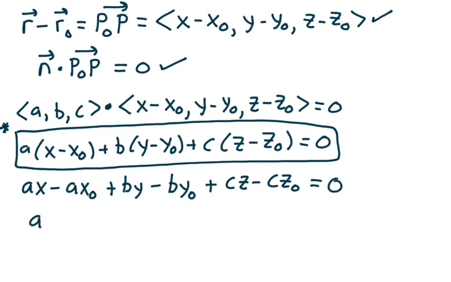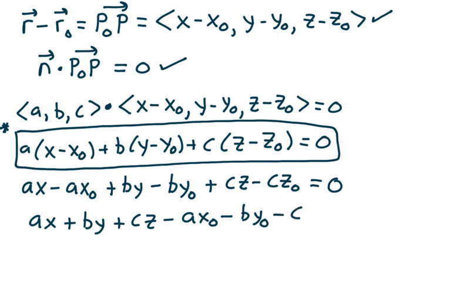Now, this says ax plus by plus cz minus ax naught minus by naught minus cz naught is equal to 0.